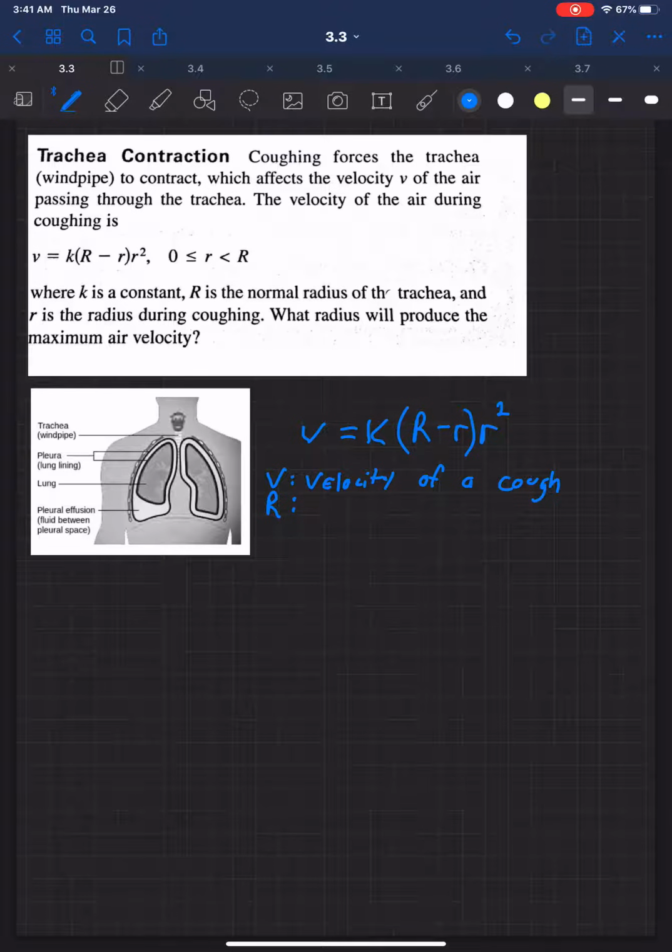Big R is going to be the normal radius of the trachea, whereas little r is going to be the radius of the trachea during the cough.